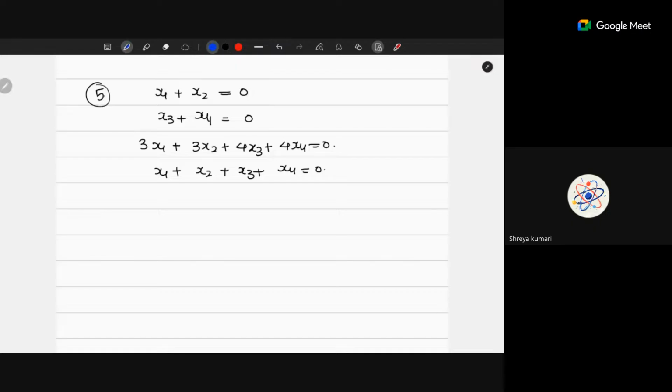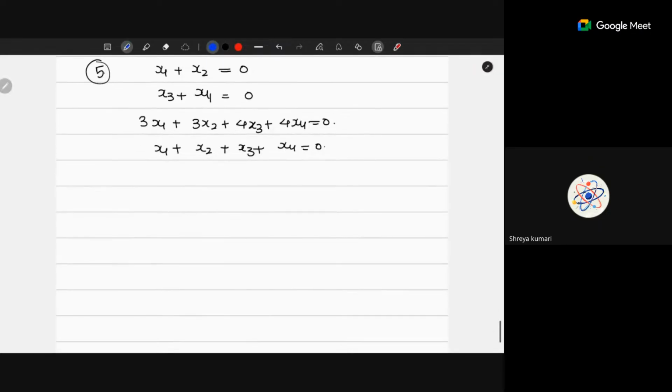First we need to find the corresponding matrix. What is the corresponding matrix to this? It would be 1 1 0 0, 0 0 1 1, 3 3 4 4, 1 1 1 1. I'm not writing the solution set because it is redundant.